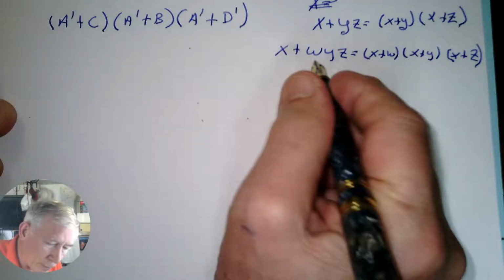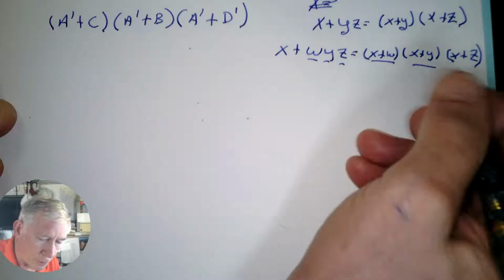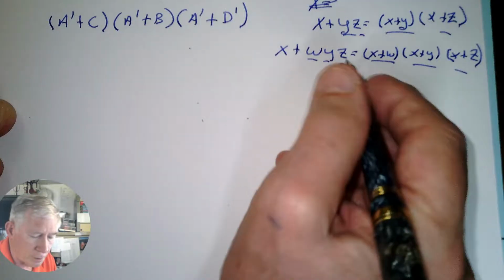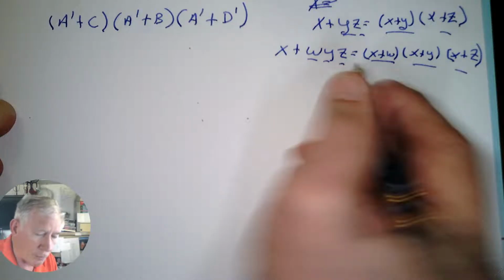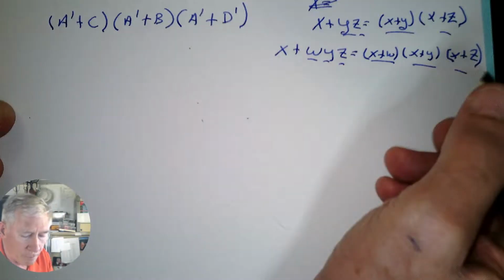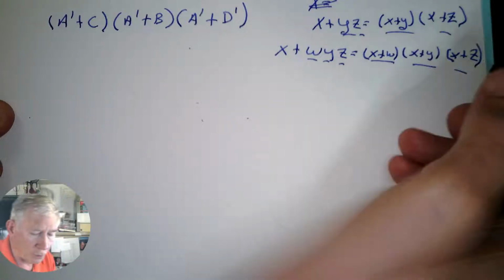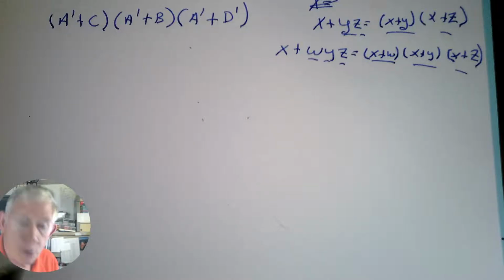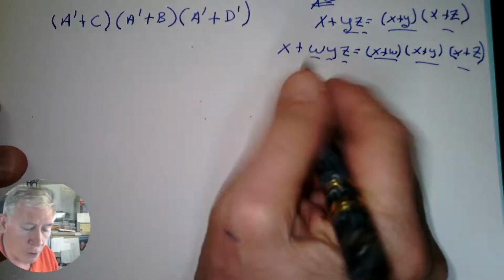Notice we have wyz, so we have 3 terms over here. Here we have yz, we just have 2 terms. If you had wyzj or something, you'd have 4 terms, and the last one would be x plus j, all multiplied together. So that's what you get when you use this corollary.